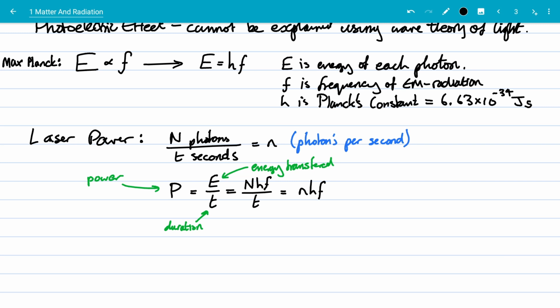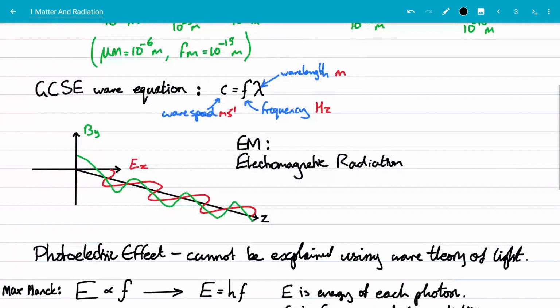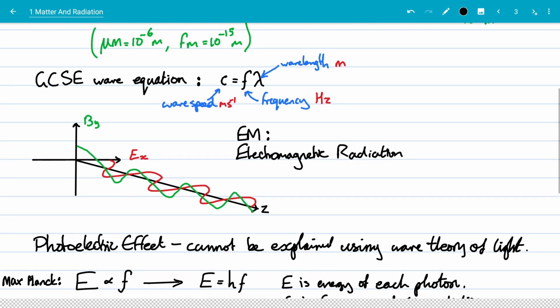Notice we use lowercase and uppercase letters in our physics A level, and we have to be clear which one is which. So if n photons per second are being delivered, each has an energy E equal to hf, then the power of our laser would be nhf. And that's as far as we need to go with this session.